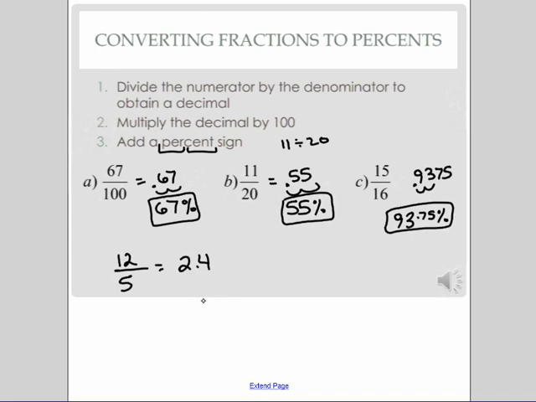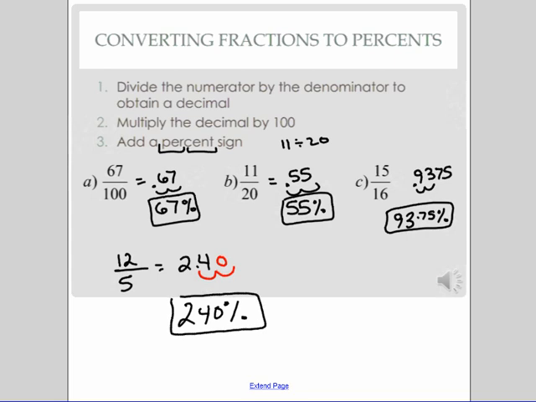The mistake that a lot of people might make with this is they might just say, oh, that's 2.4%. They forget about this part here. You got to multiply the decimal by 100. So 2.4, what we would do is we multiply by 100. In other words, you move the decimal 2 places. There's not something over here, so we put a placeholding 0 in. And then what you get is 240%.